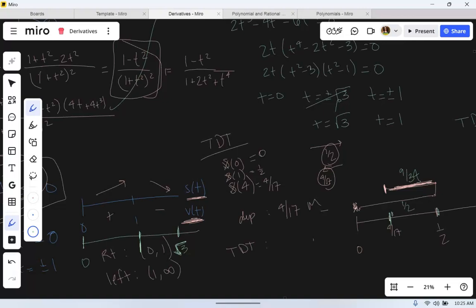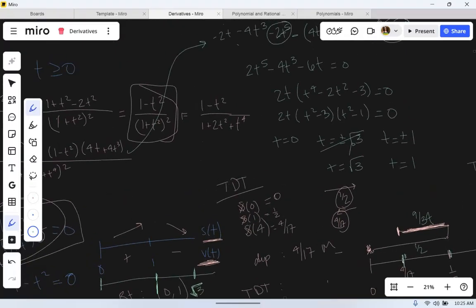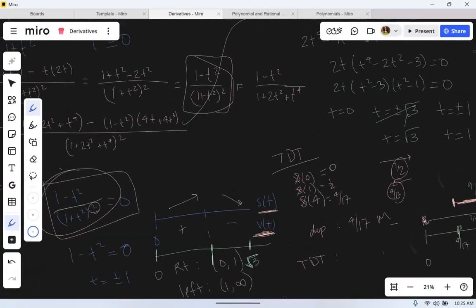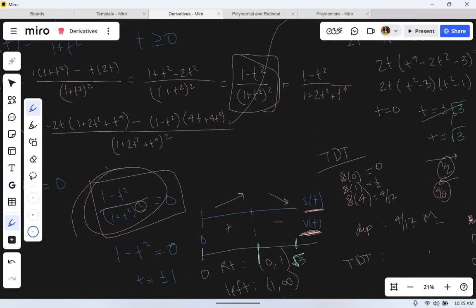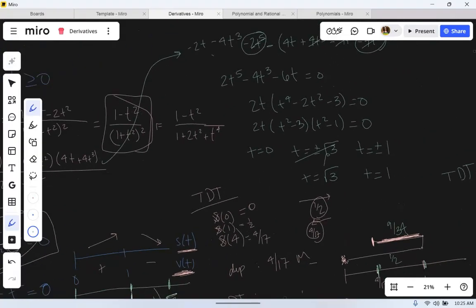All right, signs. This is a lot, y'all. Acceleration here, where's my factored acceleration? The bottom again is always positive, so I don't have to worry about it. I'm just going to worry about the top.